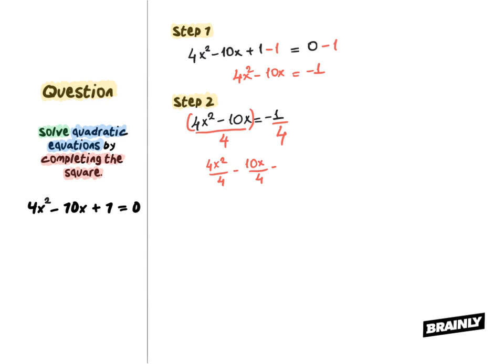On the right side, we have negative 1 over 4. Well, if I'm simplifying 4 over 4, that will give me positive x squared, and that's what I wanted. We have 10 over 4, which reduces to 5 halves. I will put the x out to the side, and then we have our negative 1 over 4.